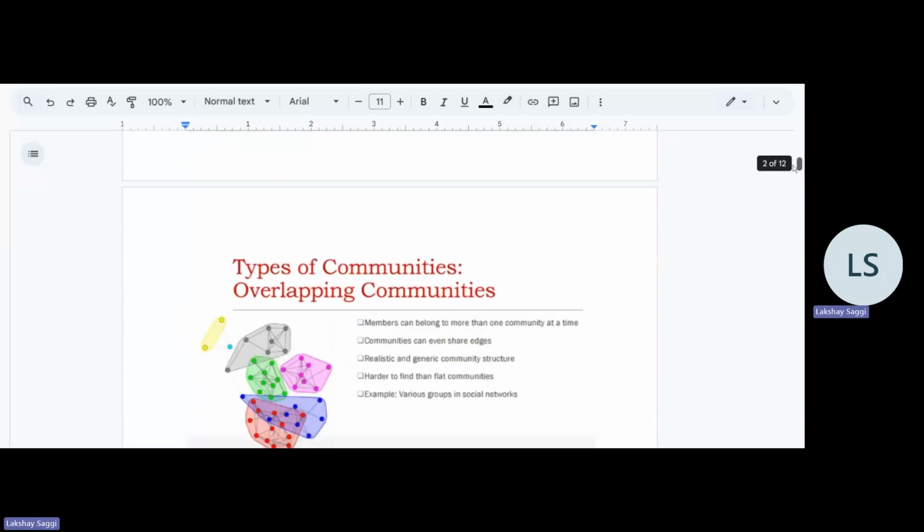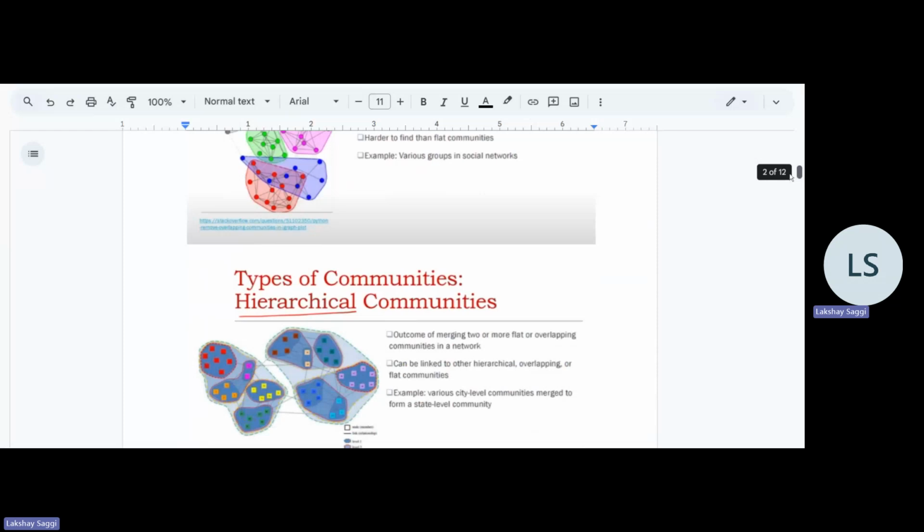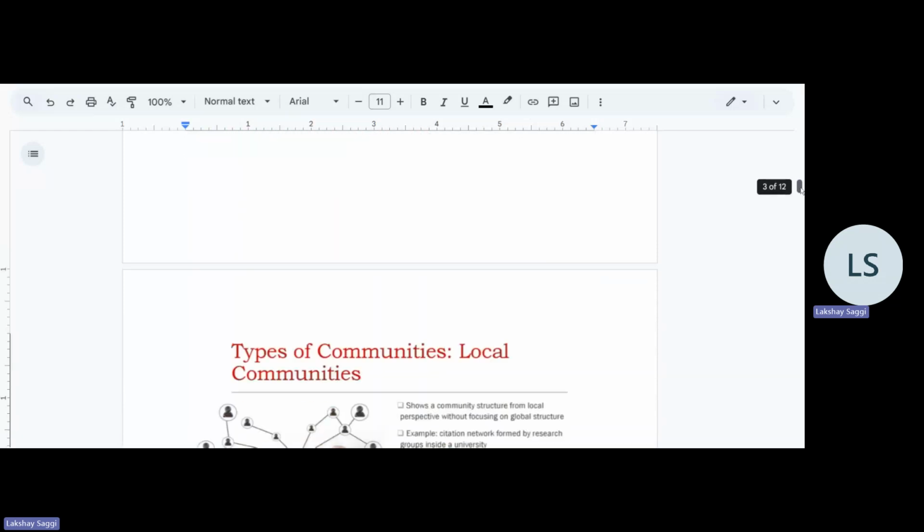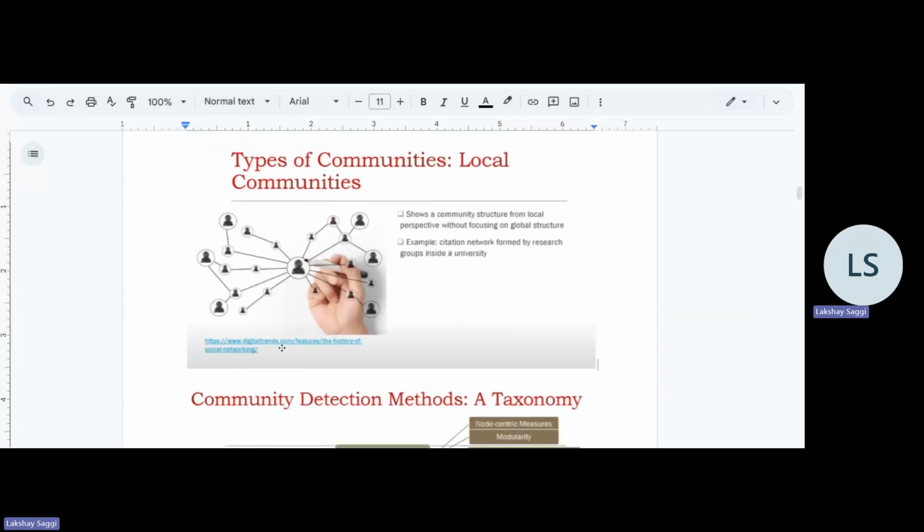But note that we can't really afford looking at the whole graph if the network size is, let's say, 1 billion. At that point, the best we can do is, for each vertex, just look at all its neighbors around it, up to some extent. These are what are called local communities, which are formed by looking at a vertex and some neighbors around that vertex.